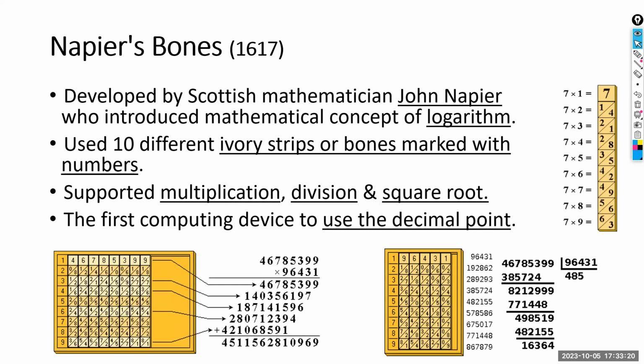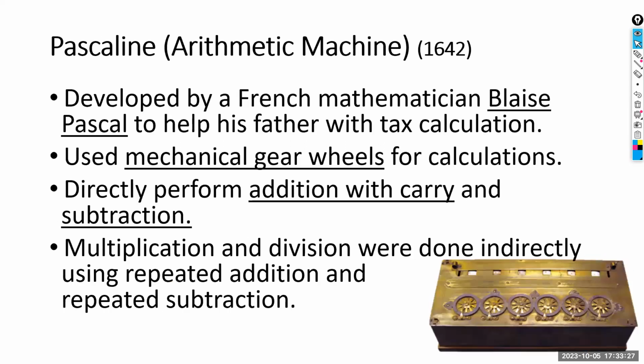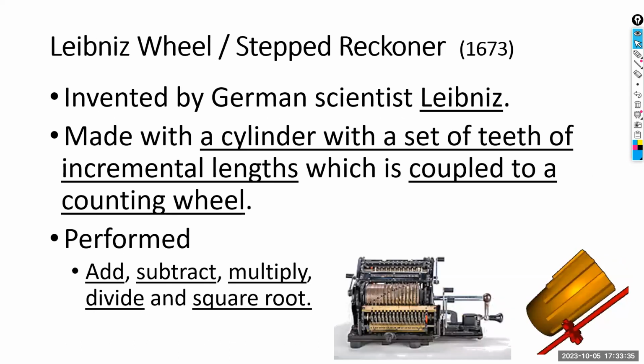Then we moved on to the mechanical era with the Pascaline. The Pascaline did only addition and subtraction, but mechanically. Then the Leibniz wheels added multiplication, division, and square root features again.